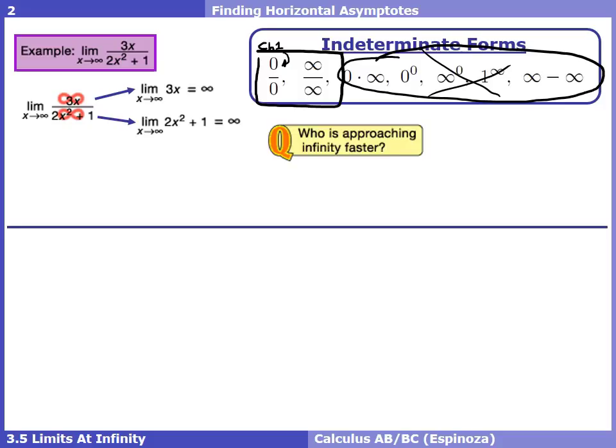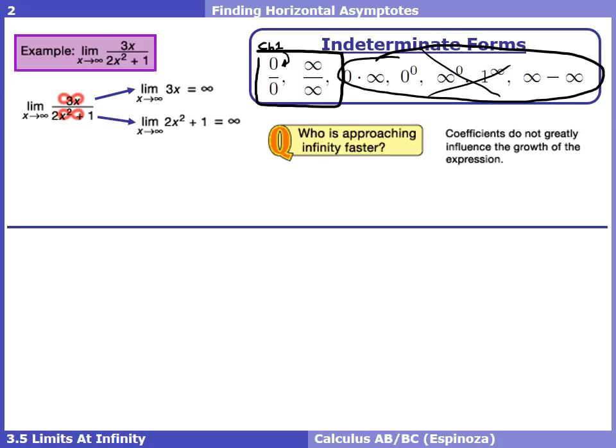So back to the problem at hand. The way I'm going to approach this question is with this idea here. Who is approaching infinity faster? And what do I mean by who? I mean the top or the bottom. Is the top approaching infinity faster, or is the bottom approaching infinity faster? Well, to answer that question, we're going to keep some things in mind here.